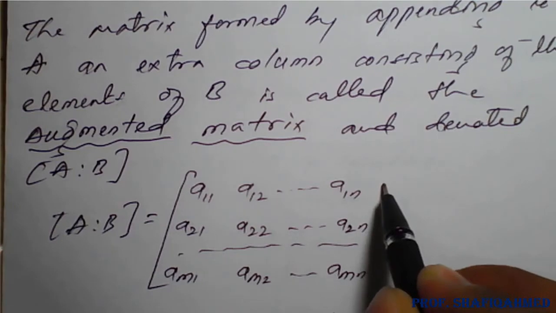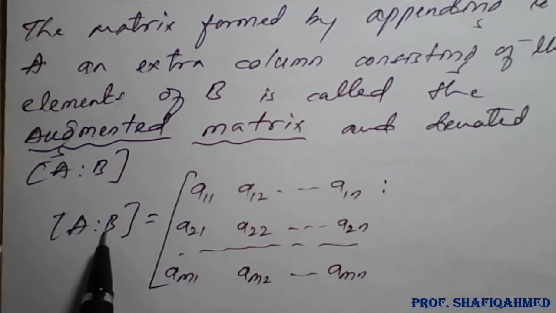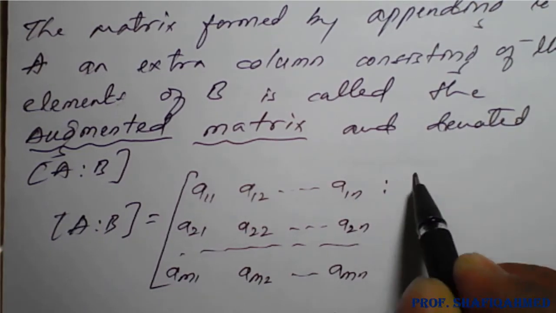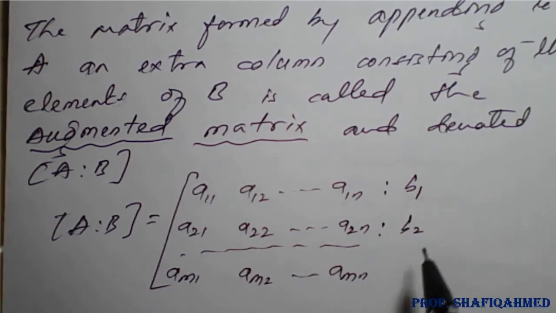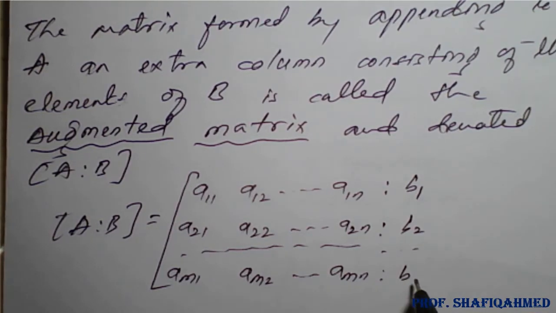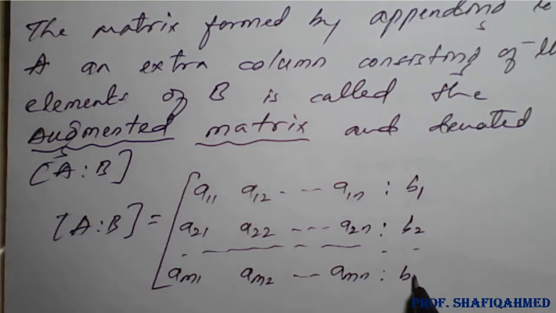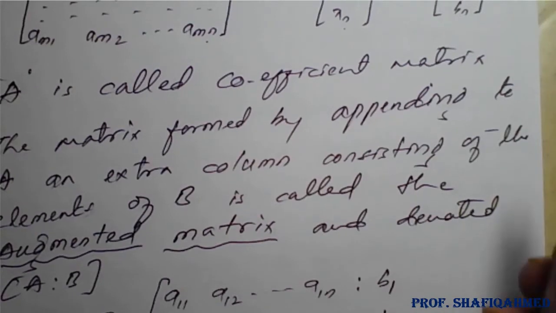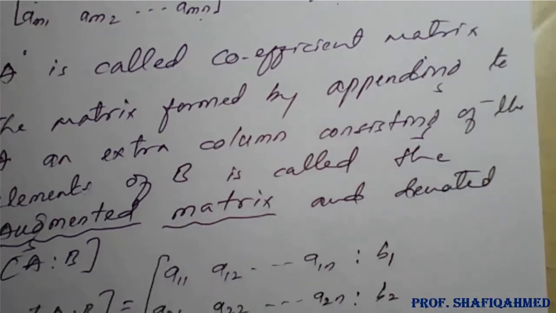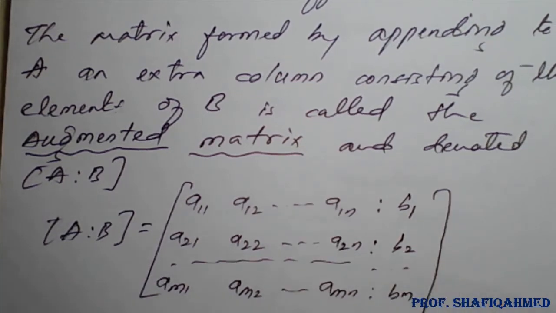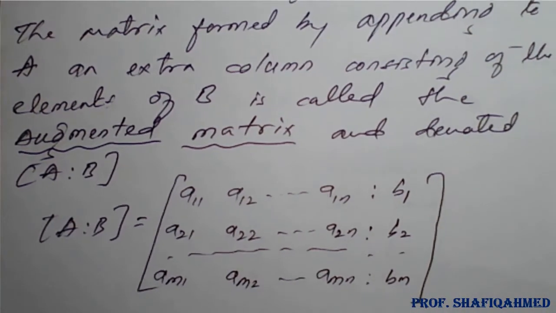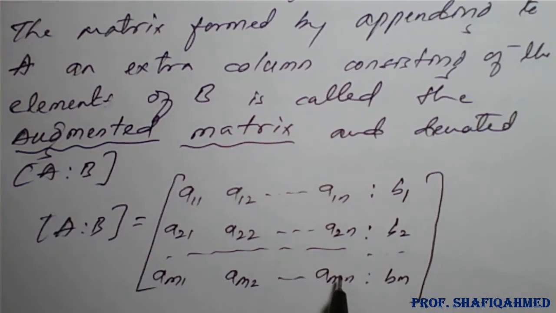Next, instead of writing equal to, the matrix B elements are b1, second row b2, so on, and for the last row it is bm. So it is called the augmented matrix.